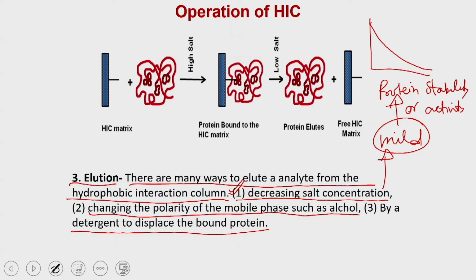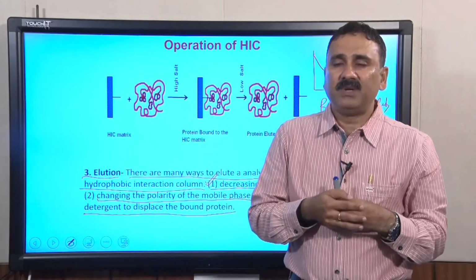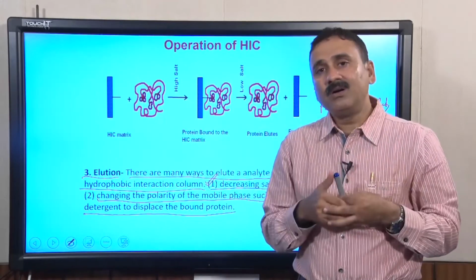Apart from that, if you use the alcohol method, it is going to be very harsh and it may destroy the activity as well as the three-dimensional structure of the protein, and the same is true for the detergent as well.